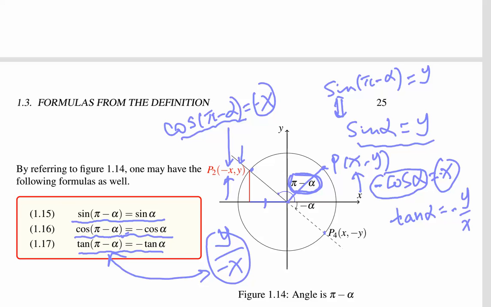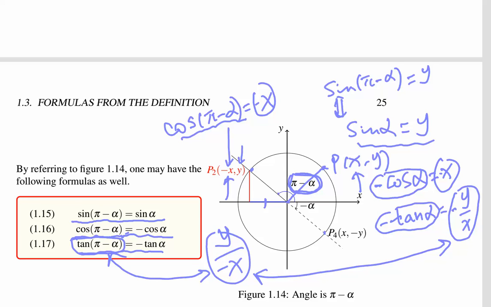Put a negative in front of it, and those two are equal. So tangent of pi minus alpha is negative tangent alpha. Next time, we will talk about how to apply those formulas.